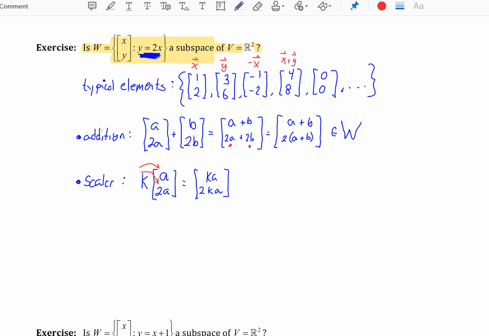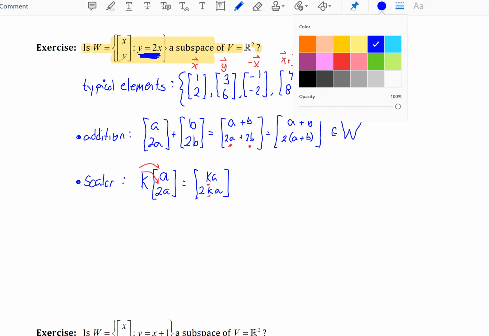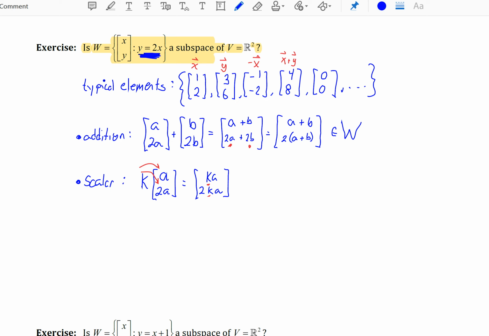So I distributed the k to each element. But notice, though, I could rewrite this as Ka and 2 times Ka, so that your y component is still double whatever your x component is. This is still an element of W.